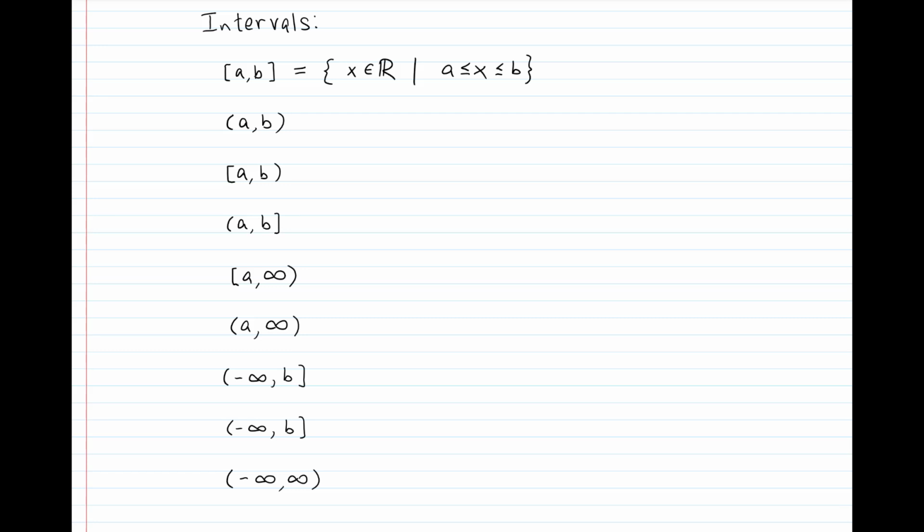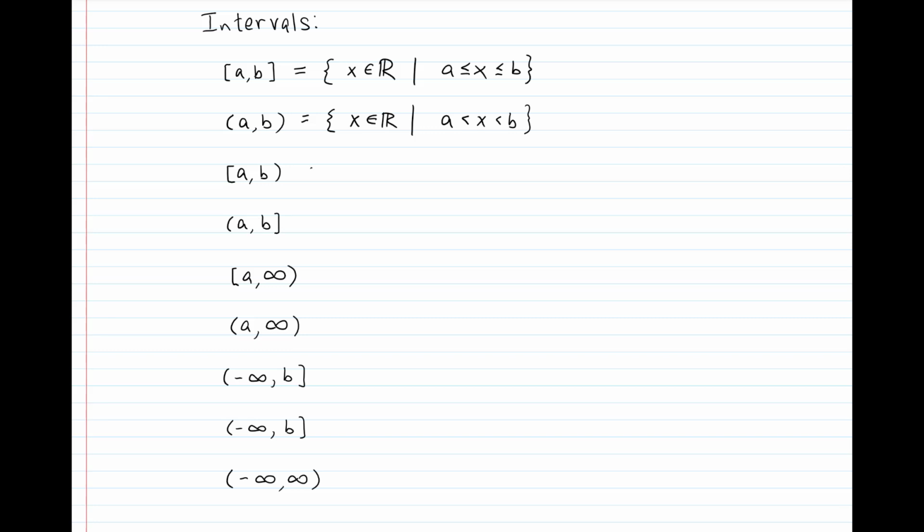Okay? And then for the open interval, it would look the same, except without the equals. So I would say the set of all x in the real numbers such that x is greater than A and less than B. Okay?